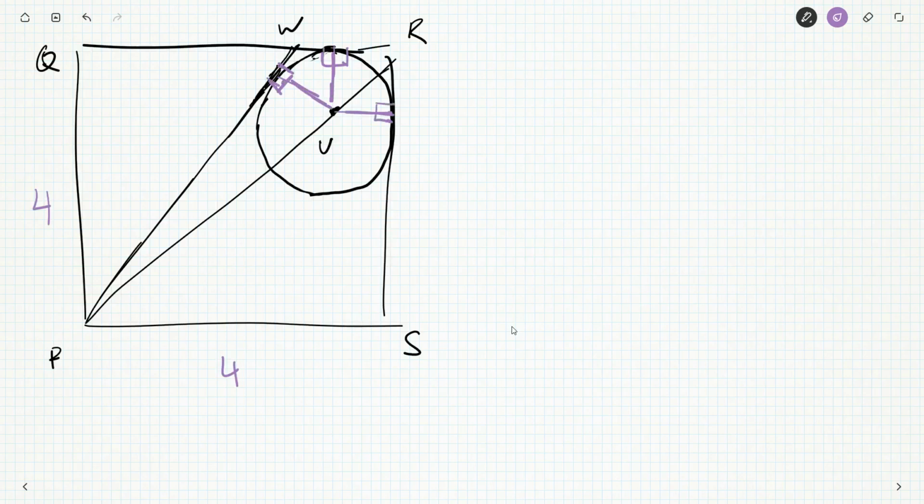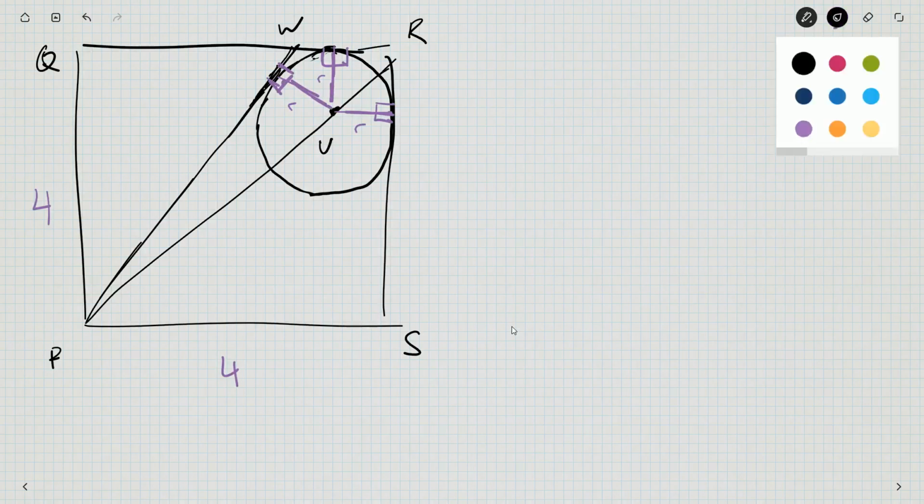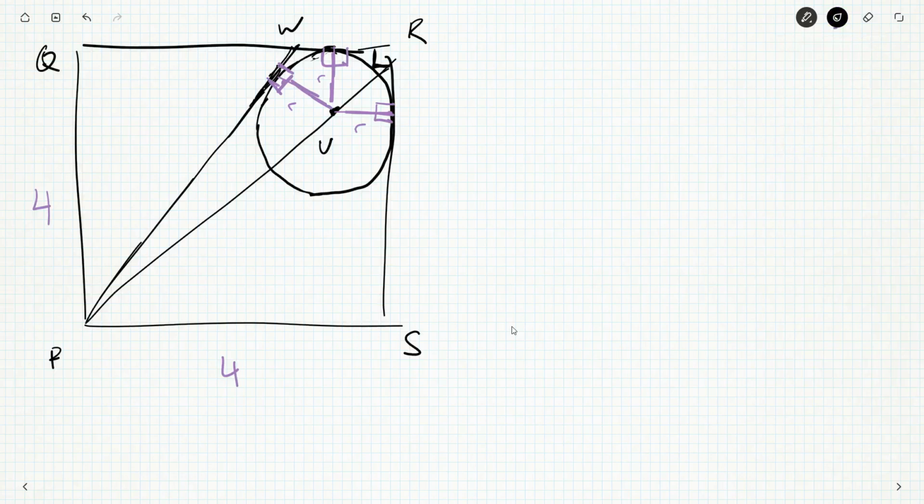Let's call the radius of the circle r. Now we've got these radii. We've got some right angles. We do have another right angle up here in the corner at R, and that means that, we could call this X and Y, UXRY is a square.